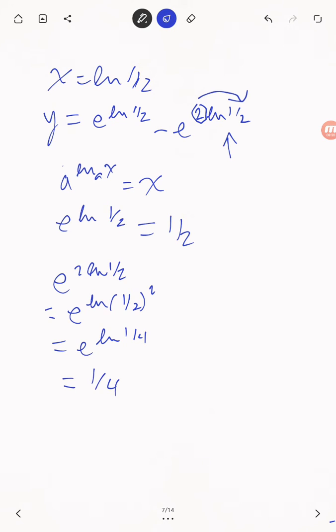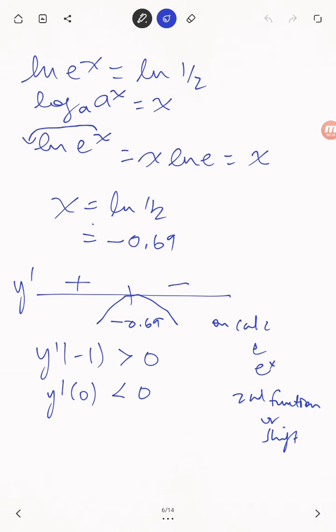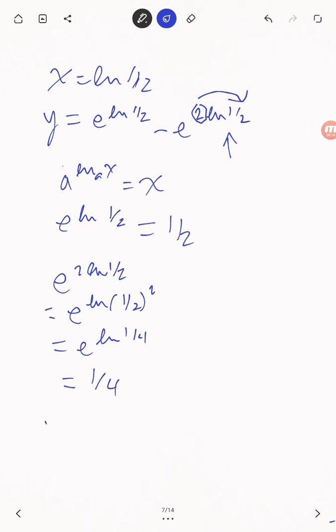Okay, so our final answer here is, let's just go back and remember that we got a local max for this point. So therefore, ln of 1/2, sorry, I skipped a step. Let me go back.